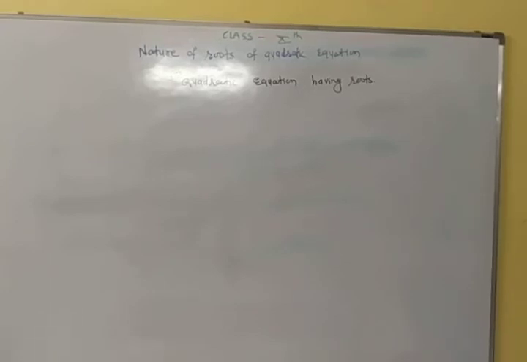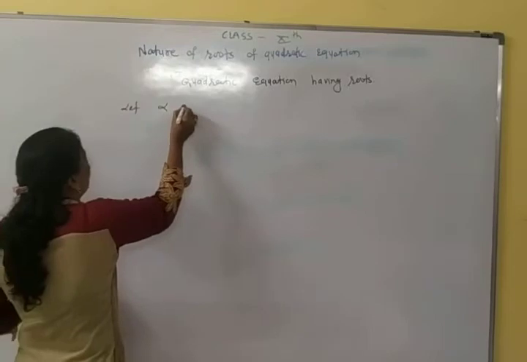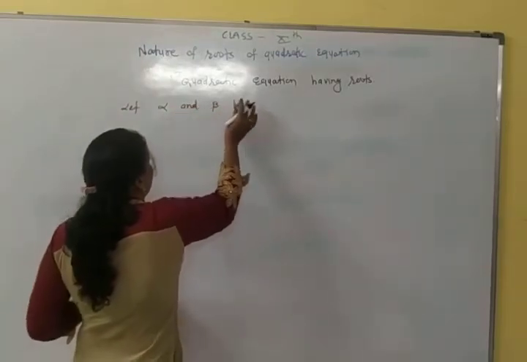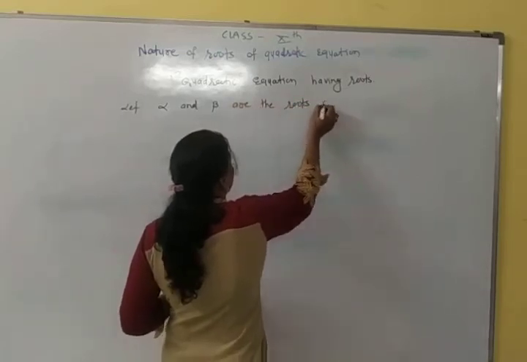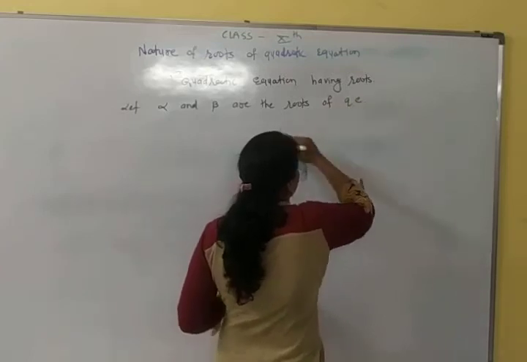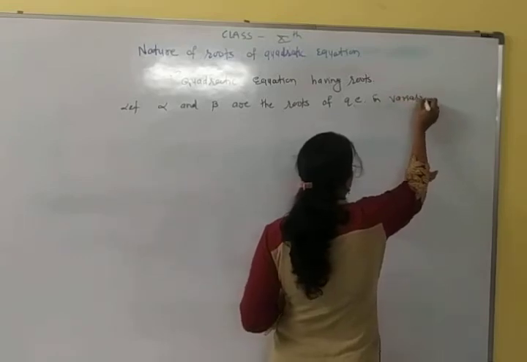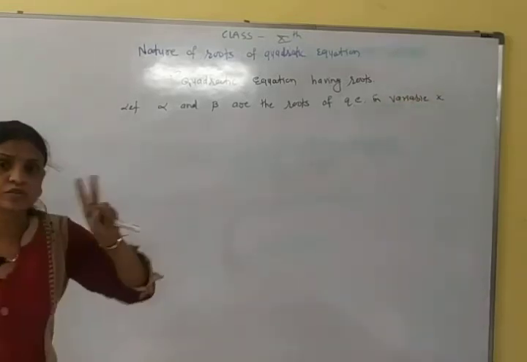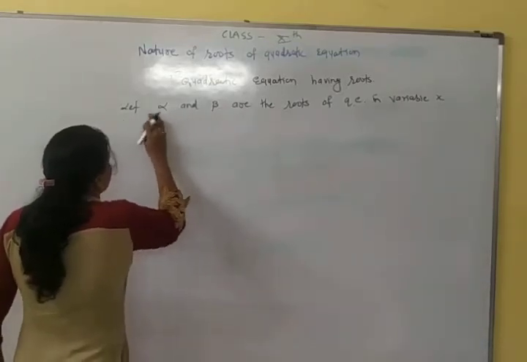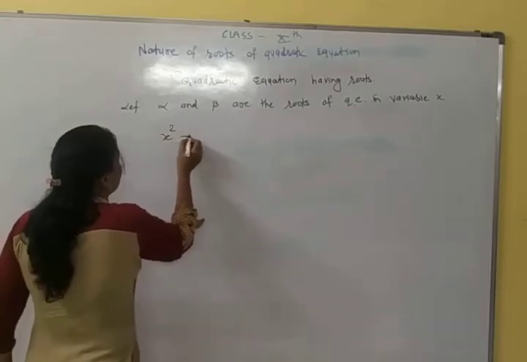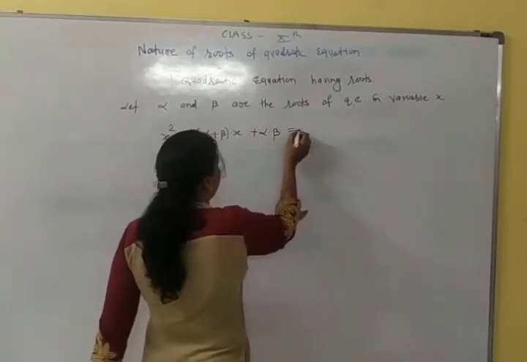Let alpha and beta be the roots of a quadratic equation in variable x. Okay, alpha and beta are two roots. When alpha and beta are the roots, then the quadratic equation can be written as x square minus (alpha plus beta) into x plus alpha beta equal to 0.